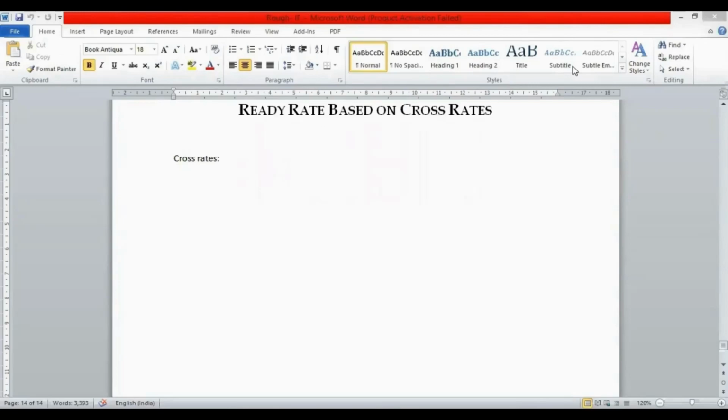So the international market will give the rate of Australian dollar in terms of USD. Now our bank has the rate of Australian dollar in terms of USD. Then after the international market, our bank will approach the local market, that is the interbank market, and from the interbank market they will convert USD into Indian rupee.